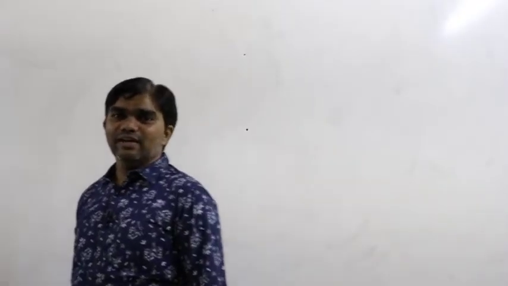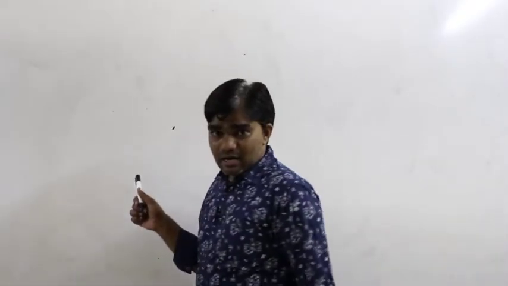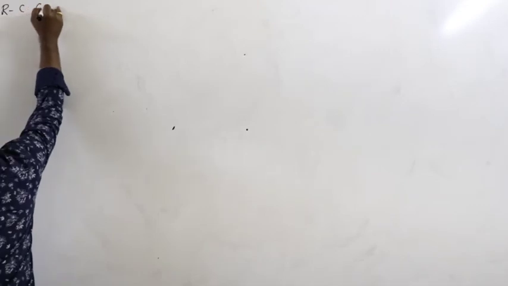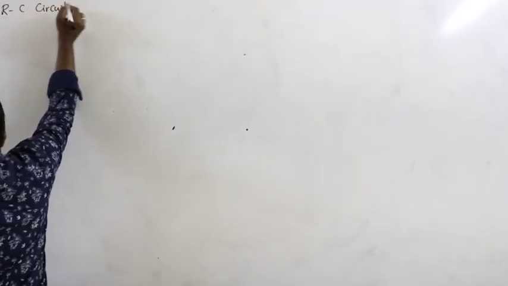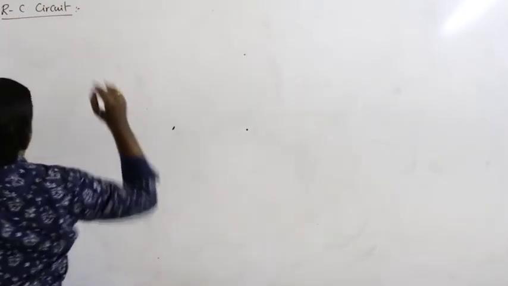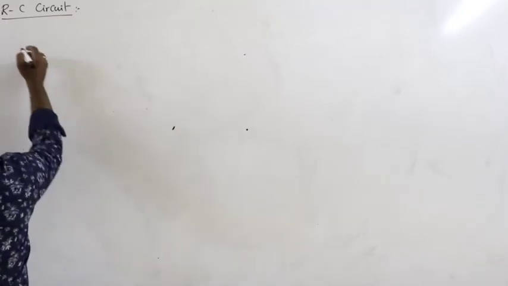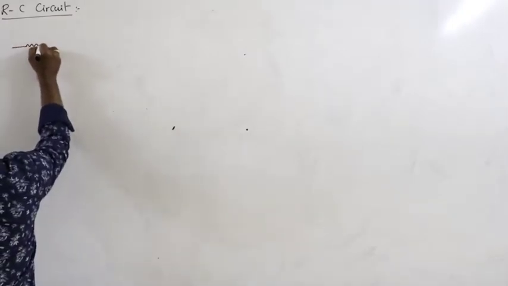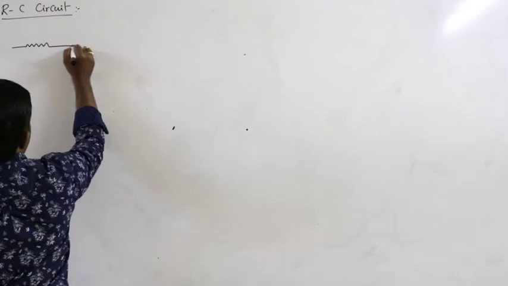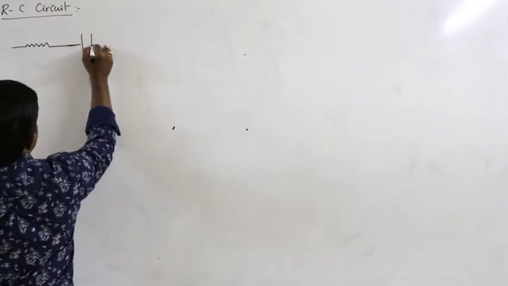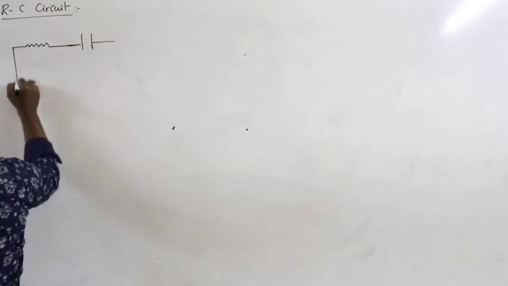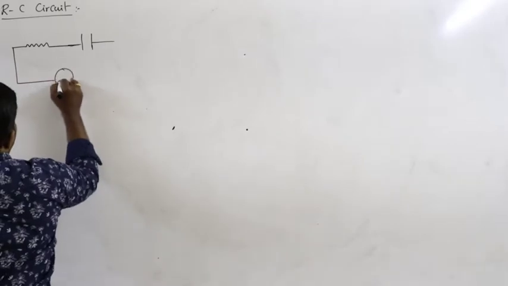So next we can discuss about previously RL circuit, now RC circuit. So it is RC circuit. So this is resistance R and this is capacitance C, and alternating EMF is connected.